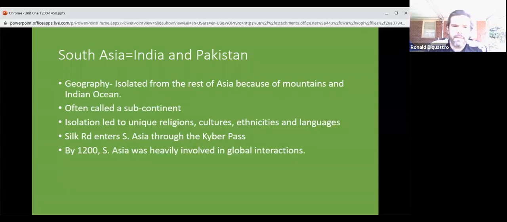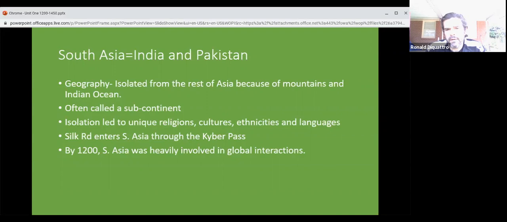So the geography of South Asia. South Asia is isolated from the rest of Asia. And there's two reasons for that. Number one, it's a peninsula. So on three sides, it's surrounded by water. It's surrounded by the Indian Ocean, the third largest ocean in the world.